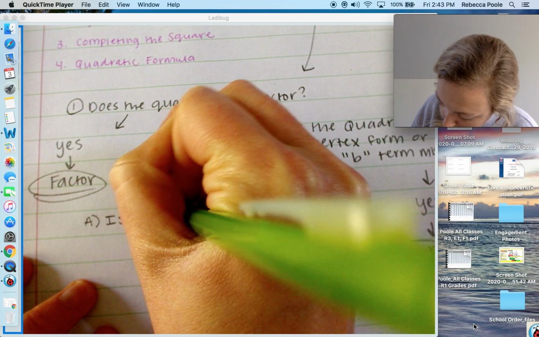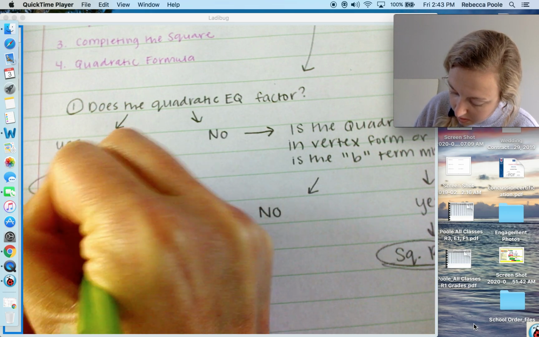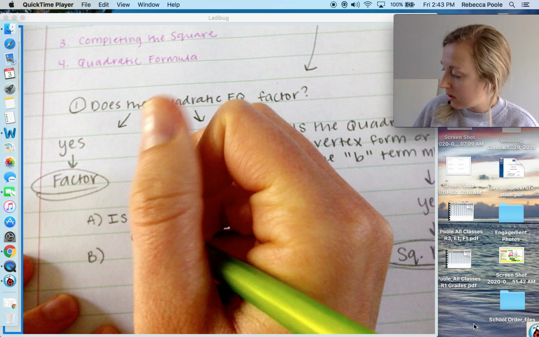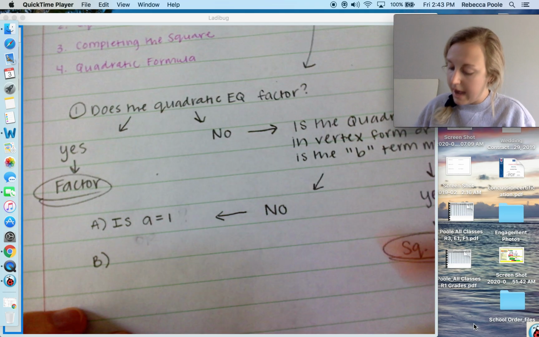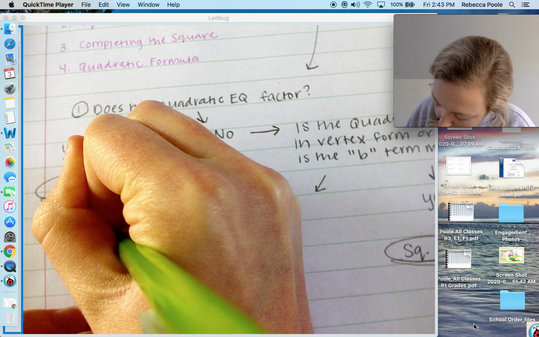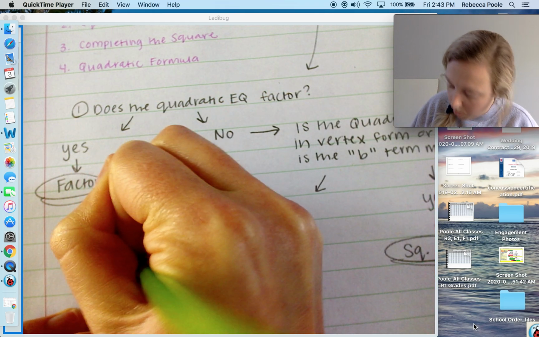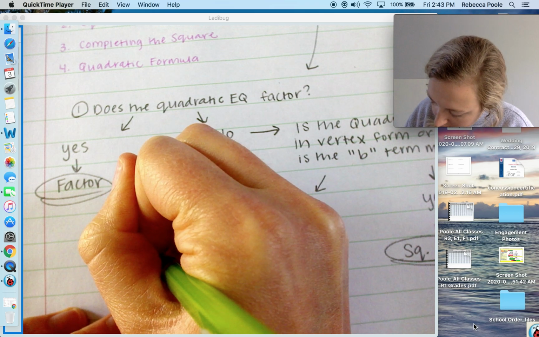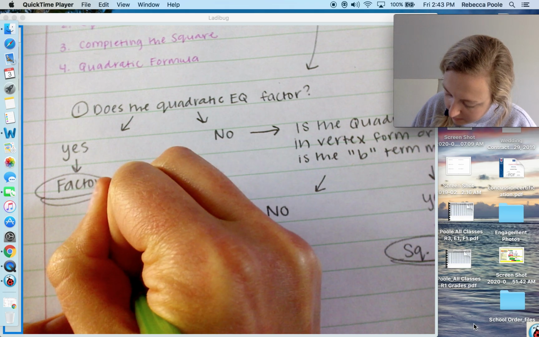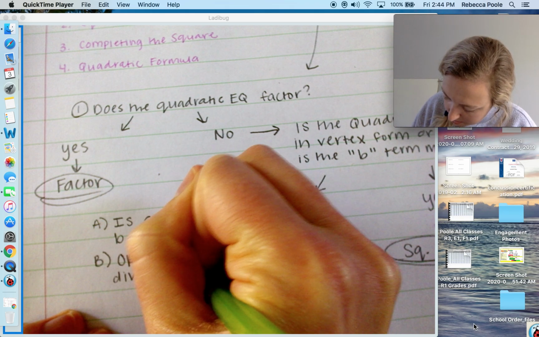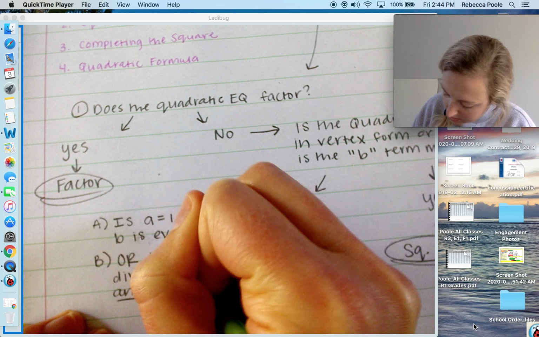Is A equal to 1? Or, I missed a part. See, I make mistakes too. Is A equal to 1 and B is even? Or is B divisible by A and still even.